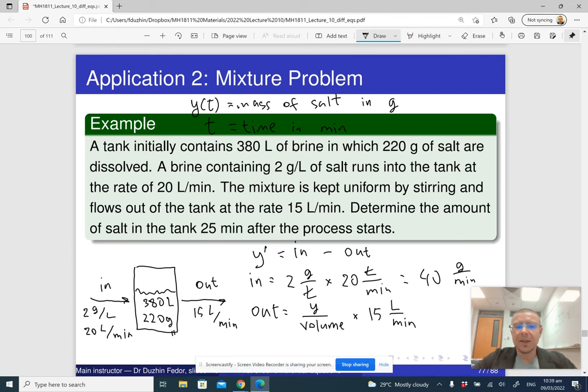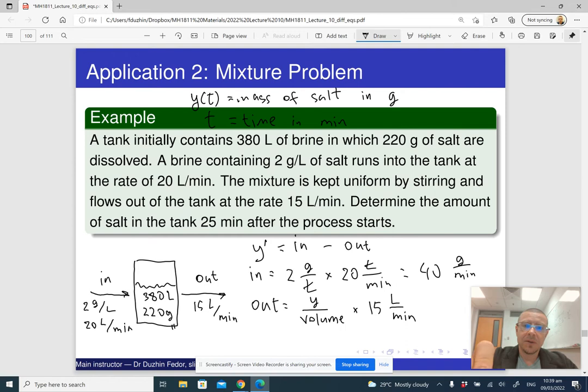Notice that the initial volume of the brine is 380 liters, but it is in fact changing. So let me write it here. Initially it was 380 liters, but it is not staying constant, because the inflow is 20 liters per minute and the outflow is 15 liters per minute. Which means that the volume is growing, because the volume that comes in is bigger than the volume that goes out. It is growing at the rate of 20 minus 15, which is 5 liters per minute.